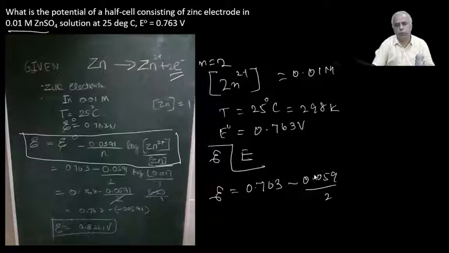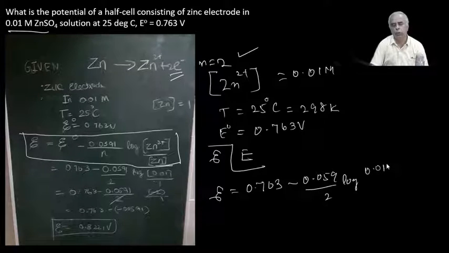2 is the number of electrons transferred, so we have already indicated that. And here, log of 0.01, the Zn2+ concentration, divided by 1.